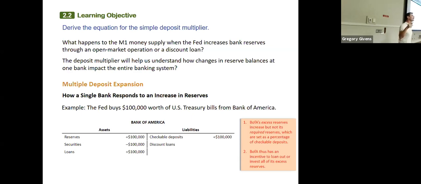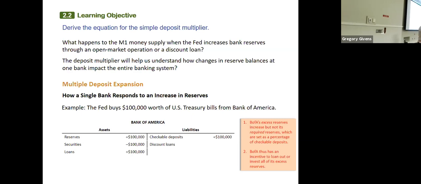Well, remember how the check clearing process works. The Federal Reserve is going to debit the reserve account of your bank, which is Bank of America, by $100,000 and credit the reserve account of Derek's bank, which in our example is going to be PNC Bank. So once the check clears, that $100,000 liability, Bank of America now no longer holds because you've spent that money.